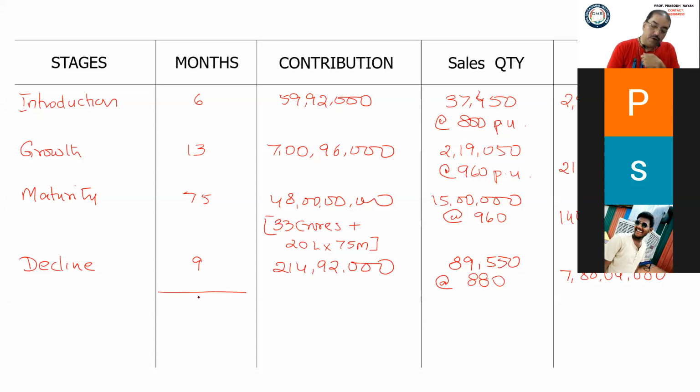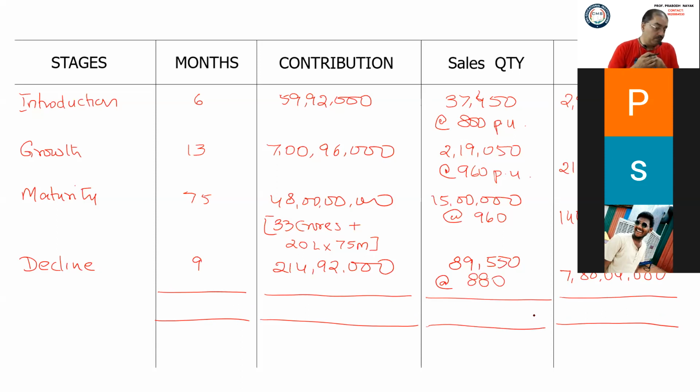Now take the total for all columns. The total months is 103 months.